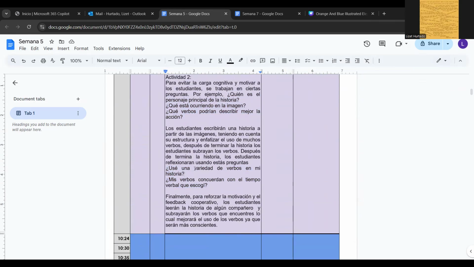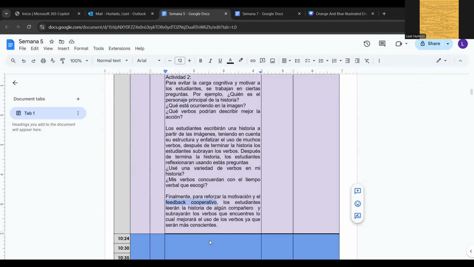And this reflection is, for example, ¿usé una variedad de verbos en mi historia? ¿Sí o no? ¿Mis verbos concuerdan con el tiempo verbal que escogí? So we try to explain these questions to students so they know. So they develop motivation, a cooperative feedback.